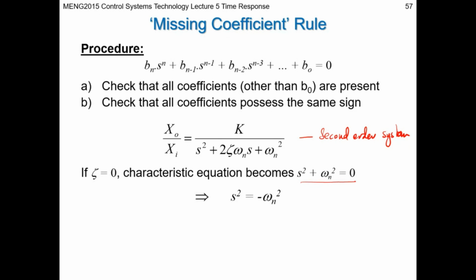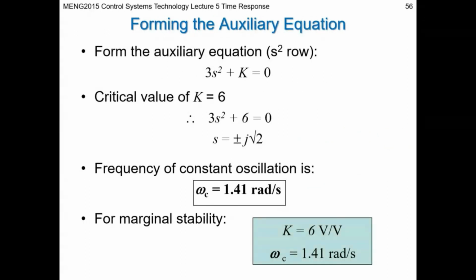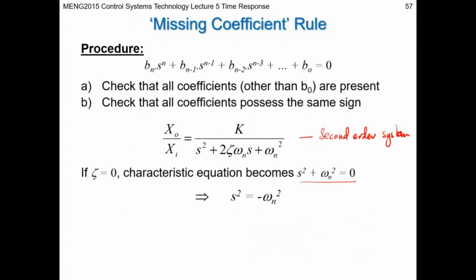So that's where we get the result that I just showed you with the auxiliary equation. That gives us s squared equals minus omega n squared, so s equals plus or minus j omega n. When we found just now that s equals j root 2, which is j 1.41 radians per second, then according to what we have here, that is the natural frequency.